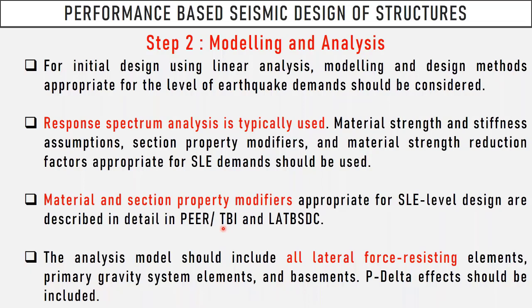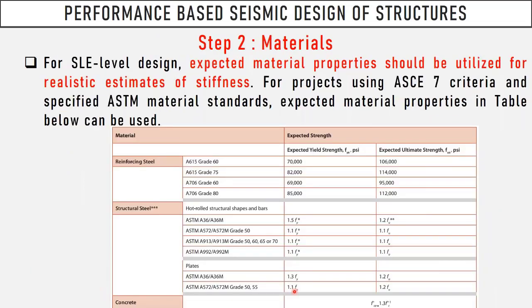But generally, what is done in practice, include in your model all lateral force resisting systems, primary gravity system, and basements. Of course, since you are dealing with a high-rise building, P-delta effects should be included.